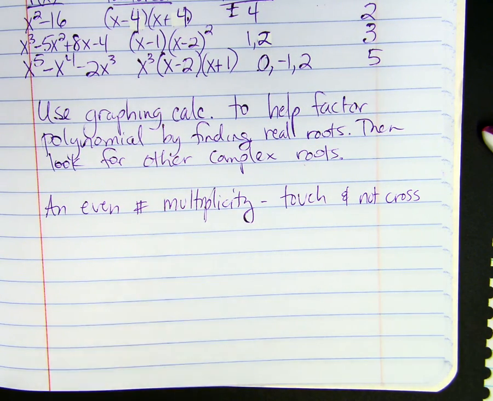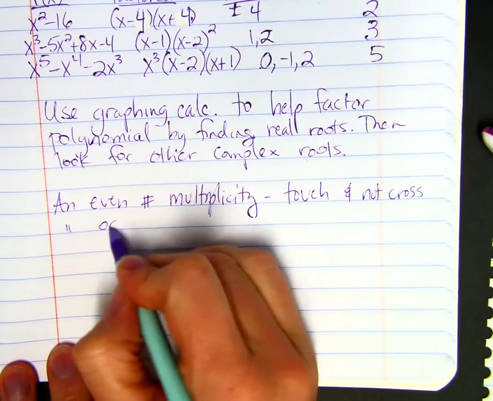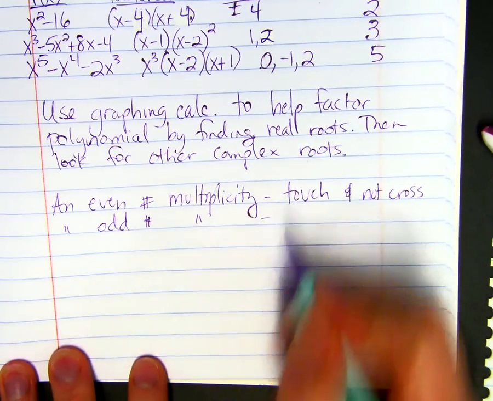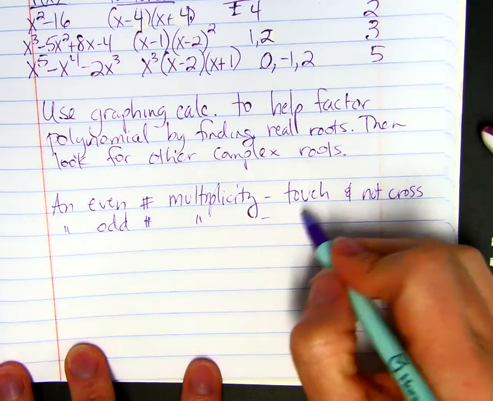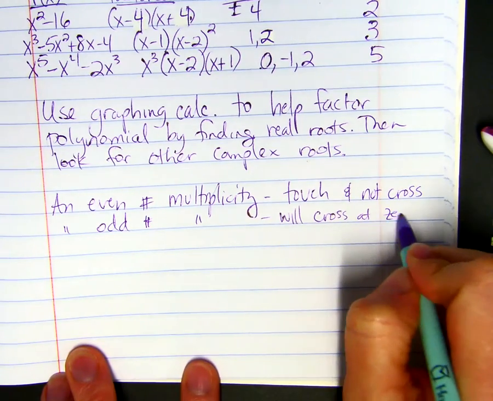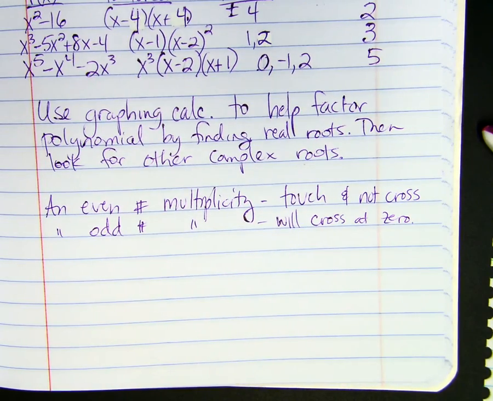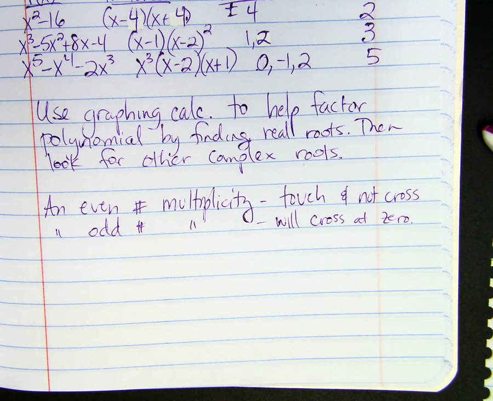It doesn't cross it, it's just sitting on it. So it goes down, touches it, and comes back up. That would have an even number multiplicity. But if you have an odd number multiplicity, then it's going to cross at that zero, so it will go through. So if you have a graph that crosses the axis, it could have a multiplicity of 1, 3, 5, etc. Okay, that's the end of the lesson.